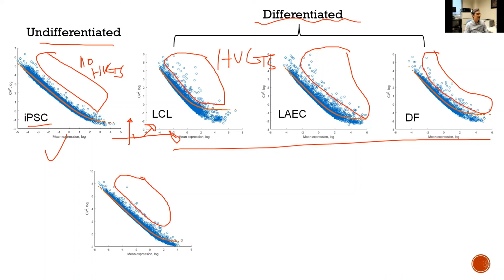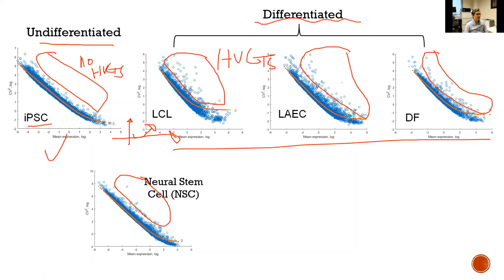So in iPSC, there are no highly variable genes, but at this stage, you start to see some of these highly variable genes being created, but not as many as in those highly differentiated cells.